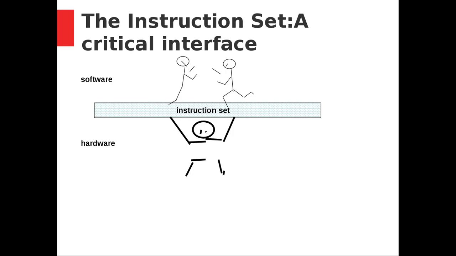So this diagram precisely describes the ISA. It's a funny diagram, I'll say. You have the hardware guy standing tall like a bodybuilder, holding the instruction set, using his whole muscles, and the software people just dancing all around the instruction set.